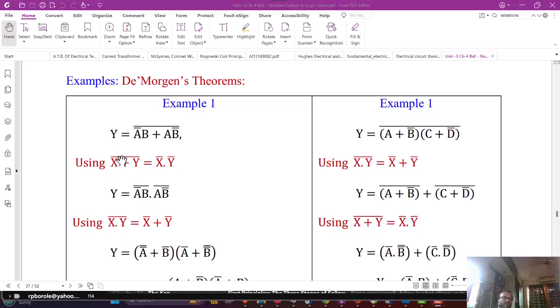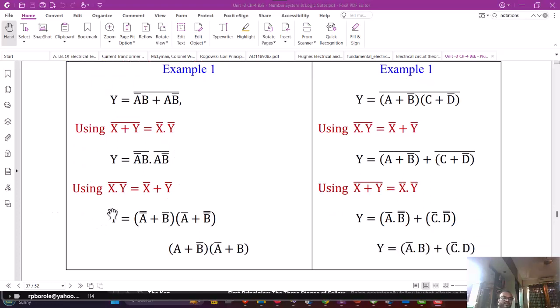So X or Y complement is equal to X complement and Y complement. So apply this to this expression. First this OR operation is shown here, that plus sign will be replaced by dot and break this complement bar. So you are getting the complement of A bar B and the complement of A B bar.